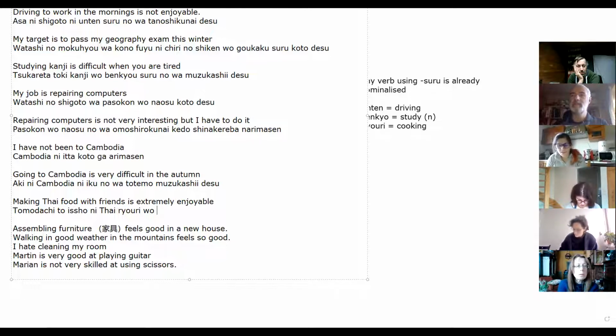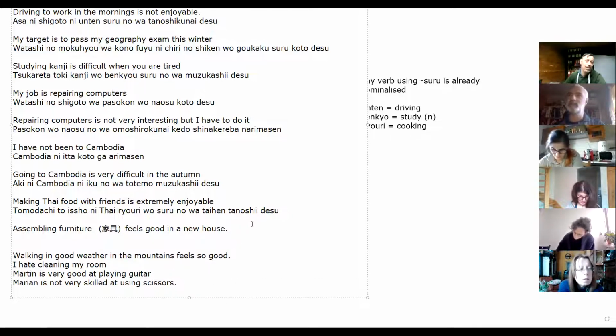Can put 大変 then. Only trouble is this sentence doesn't have any structure now. する, suru. Enjoyable is 楽しい, with のは. Good. 大変楽しいです. Very good. Excellent. Perfect.